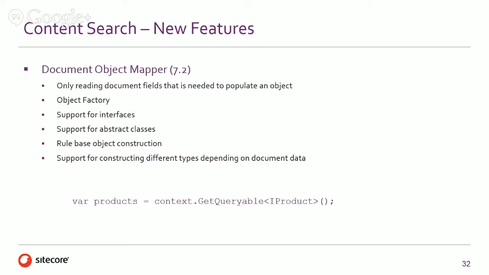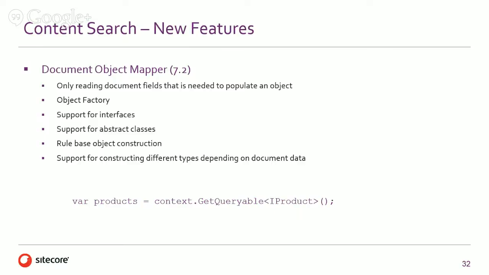And the next big feature we have added in 7.2 is a new document object mapper that is much more flexible than the old one. So it supports more scenarios than before.